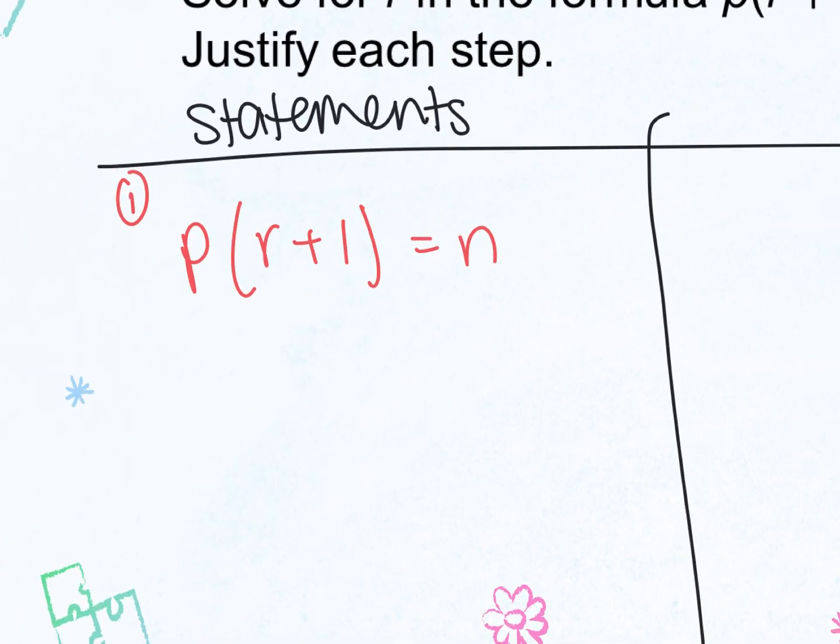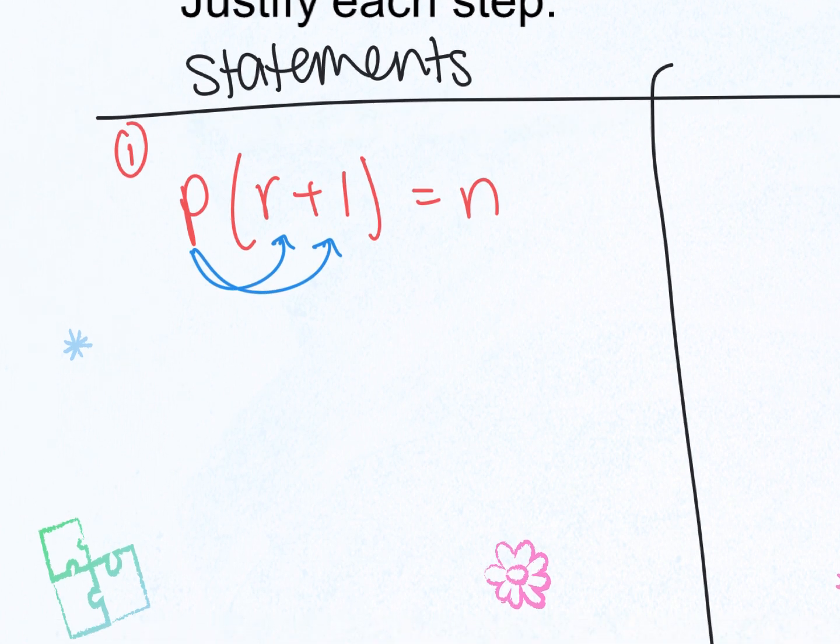Actually let me do it on the bottom. I'm going to go ahead and distribute my P. So for my second step, I'm going to have PR plus P equals N, and what should I do next?